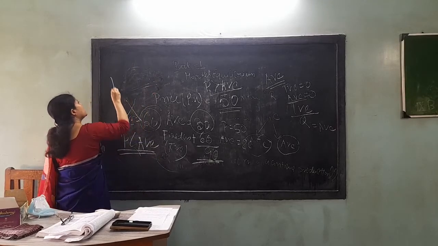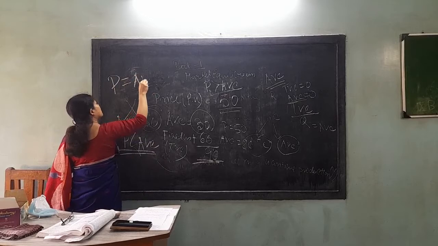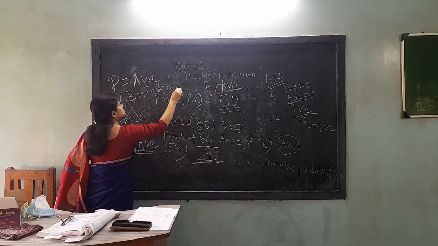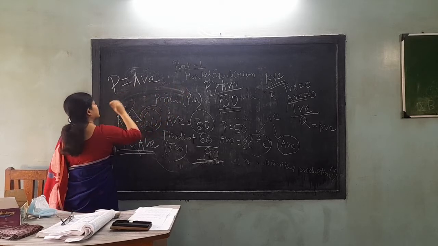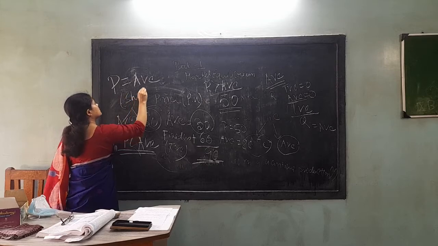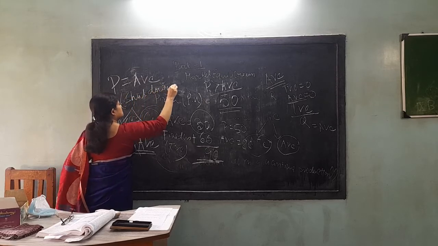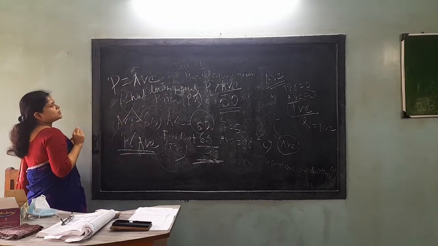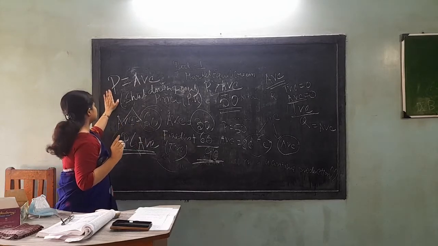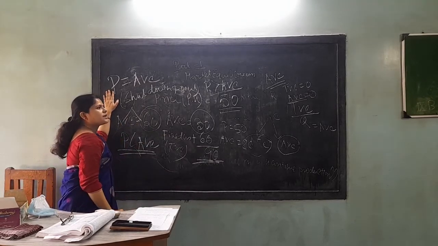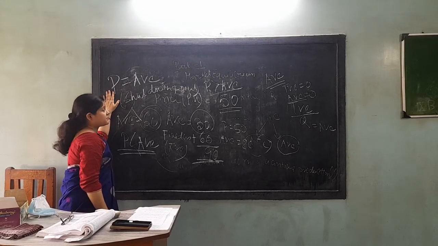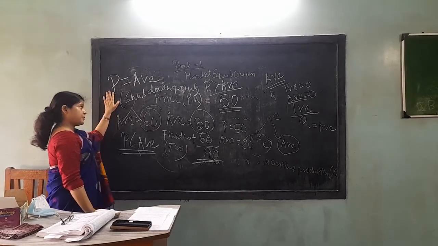And remember this point, when the selling price is just equal to average variable cost, it is known as the shutdown point. Sorry, I had written wrong. So when P is equal to AVC, meaning the selling price is just equal to the variable cost per unit, at that point of time the firm has to think whether to continue or stop the production.